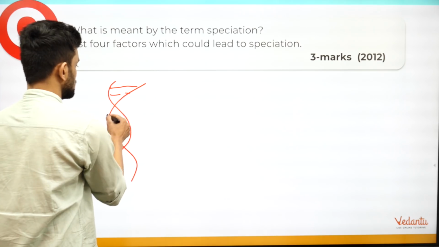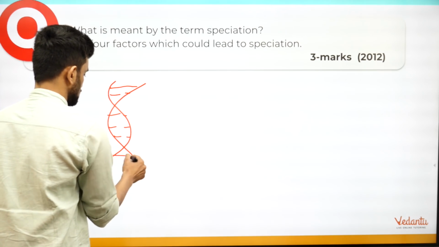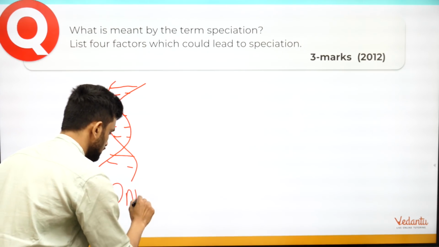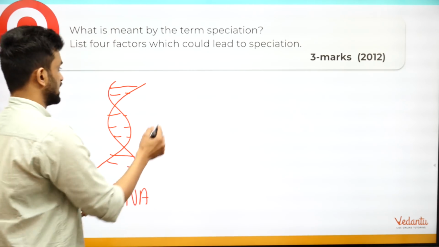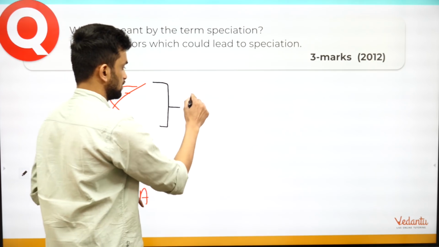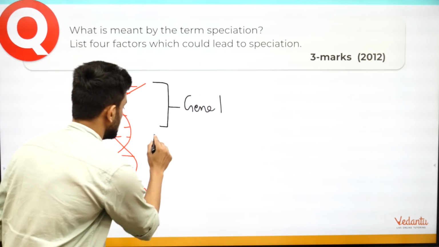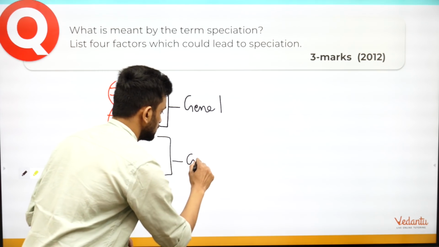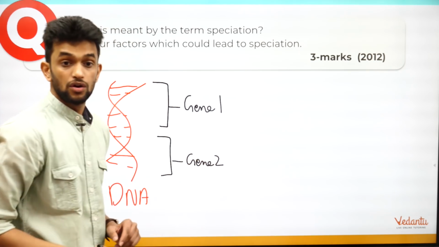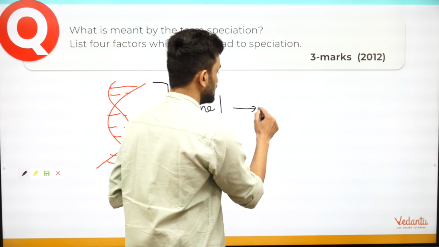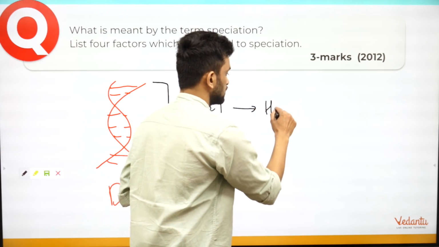So this is a DNA, right? Then we have gene 1. Then here say we have gene 2. Now gene 1, say it has a character, height.